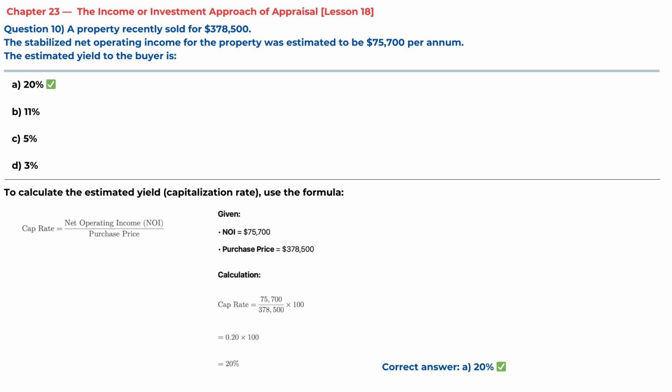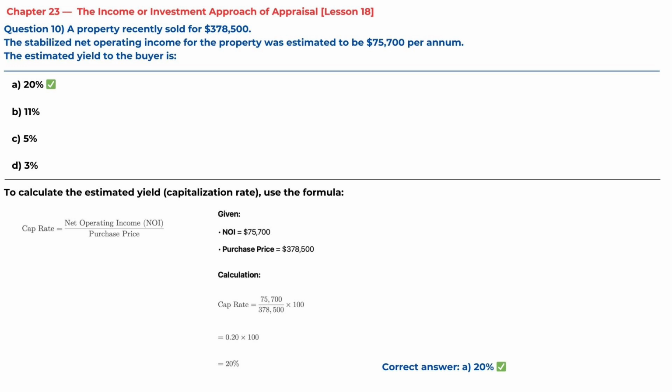Question 10. A property recently sold for $378,500. The stabilized net operating income for the property was estimated to be $75,700 per annum. The estimated yield to the buyer is? To calculate the estimated yield capitalization rate, use the formula: cap rate equals net operating income (NOI) divided by purchase price.